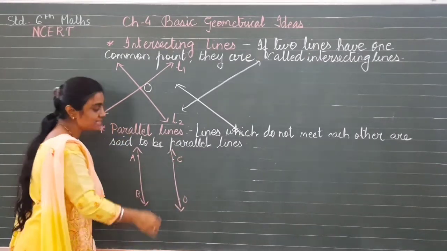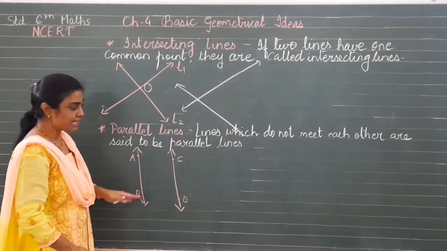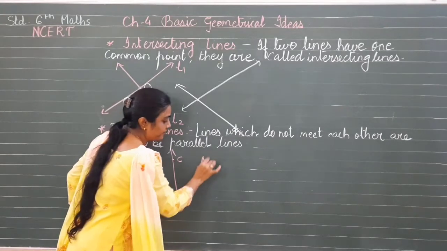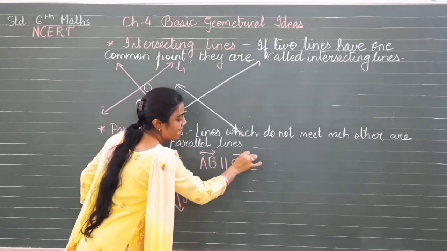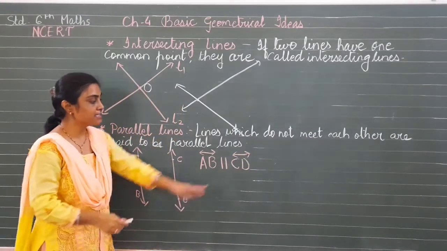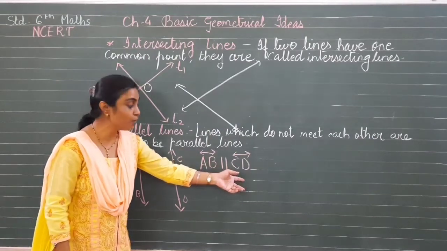If you extend these lines in both directions, they will never meet. That means line AB is parallel to line CD. This is the symbolic form of parallel. So line AB is parallel to line CD.